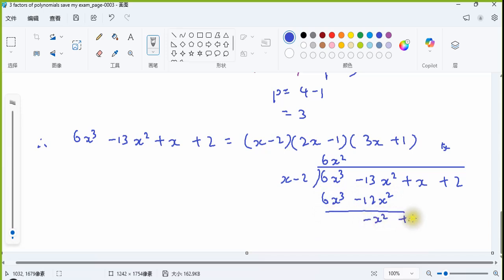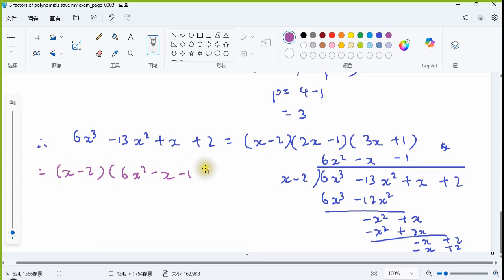Then we have negative x squared plus x, minus x squared plus 2x. Then we have negative x plus 2, minus x plus 2. So this one will be x minus 2 times 6x squared minus x minus 1. Then we have x minus 2, and this one we have 2x plus 1, 3x minus 1. So we have the same answer as well.